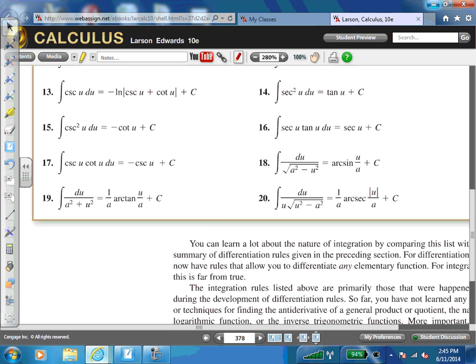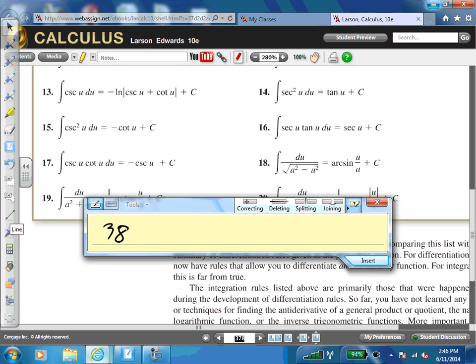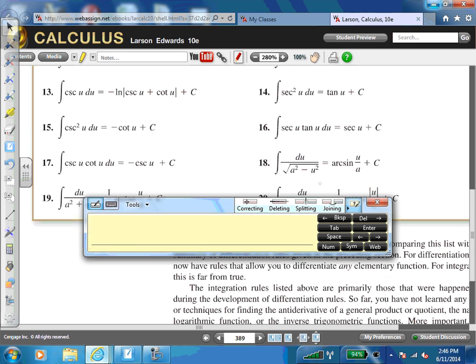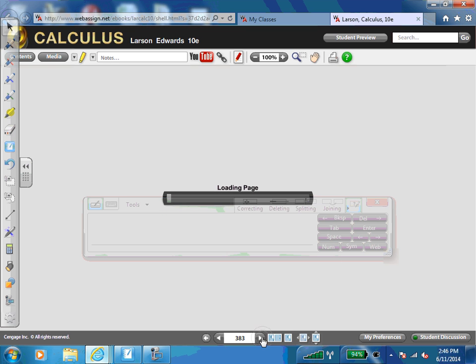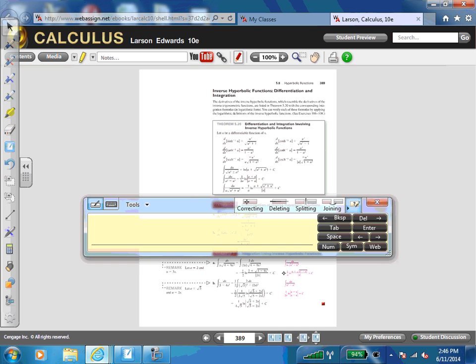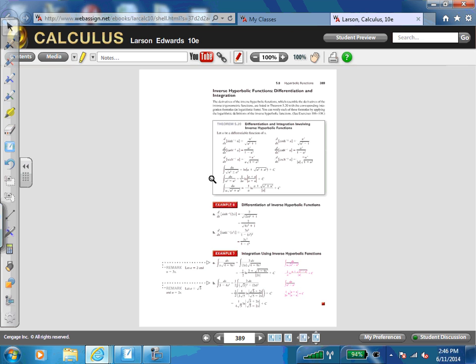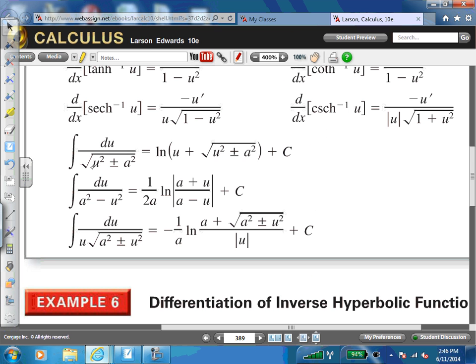On our inverse hyperbolics, notice for our u squared minus a squared here, our u is out front, but on 389, when we have u squared minus a squared, there's not a u out front.